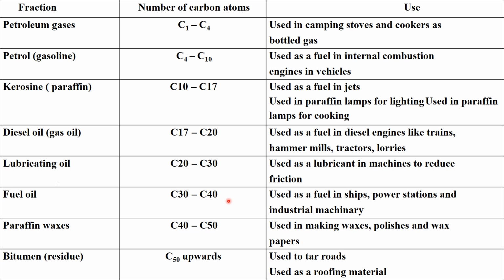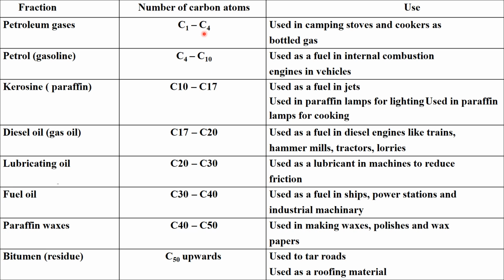So the various components of crude oil, the possible number of carbon atoms in their chains, and also some uses, as we conclude. Petroleum gas has different hydrocarbons having carbon atoms from 1 to 4.